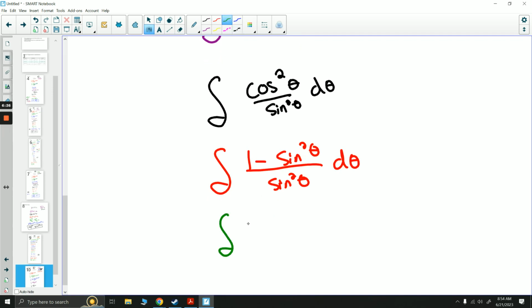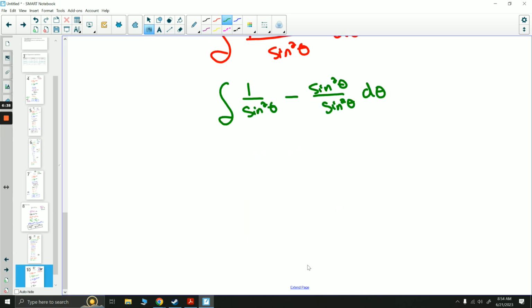So this is like saying the integral of 1 over sine squared theta minus sine squared theta over sine squared theta d theta. Now this is pretty easy for me here, because 1 over sine squared would be cosecant squared theta minus 1 d theta.